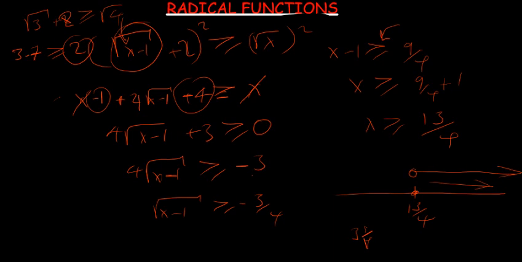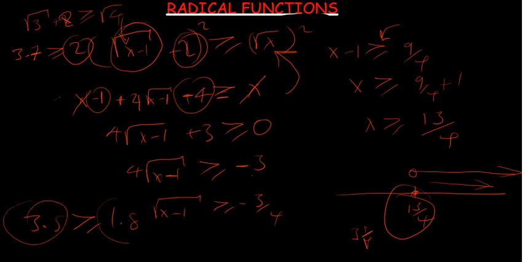And 1.5 plus this 2 which is here is giving us 3.5. Now, is that greater than or equal to? Let's come here. The root of, remember we used 13 over 4. So the root of 13 over 4 is 1.8. So actually this is also true. So we see that those values are going to work.